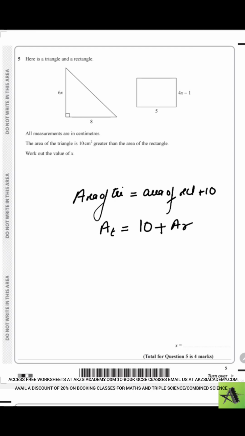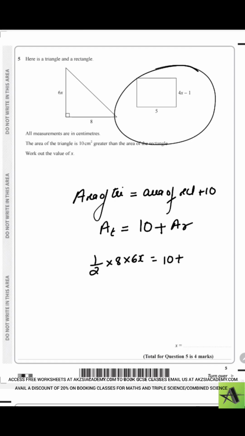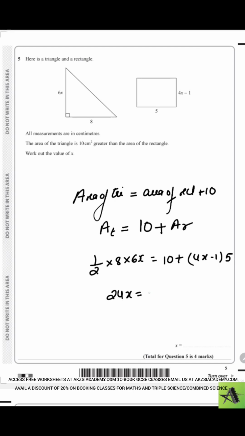The area of the triangle is given here, which is half times base times height. So half times base times height equals 10 plus the area of the rectangle, which is (4x minus 1) times 5. Need to simplify. I can cancel it out, or I can say 48x over 2 is 24x, equals 10 plus 5 times 4, 20x minus 5.